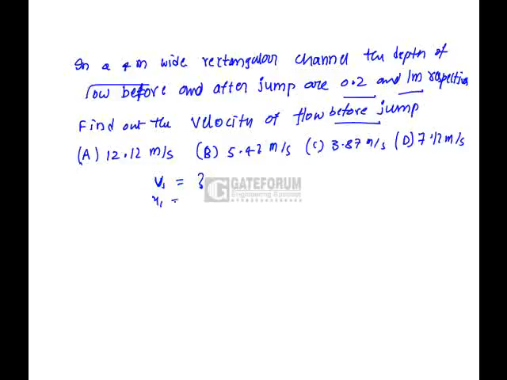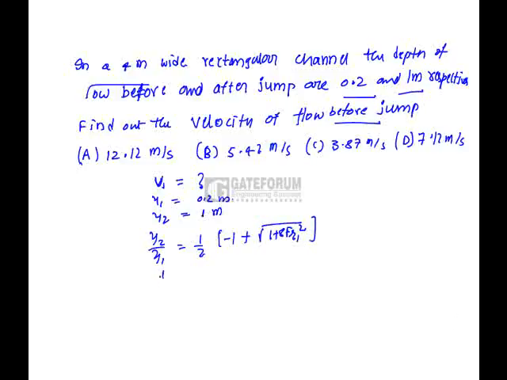So Y1 is before the jump, Y2 is after the jump, the depths of flow. If you see the equation, Y2 by Y1 is equal to half into minus 1 plus root of 1 plus 8 Froude number square, Fr1 square.